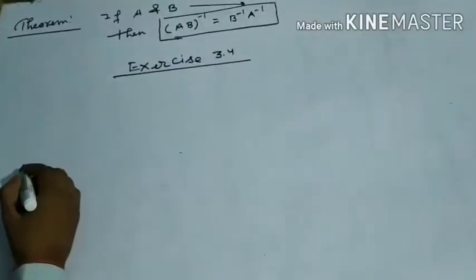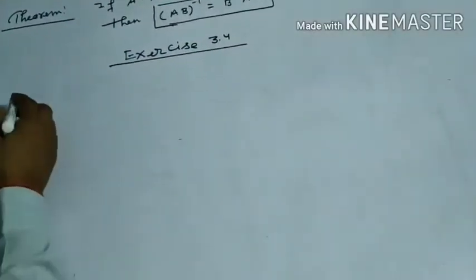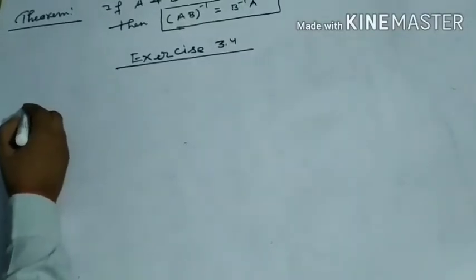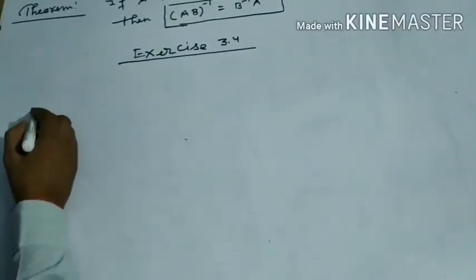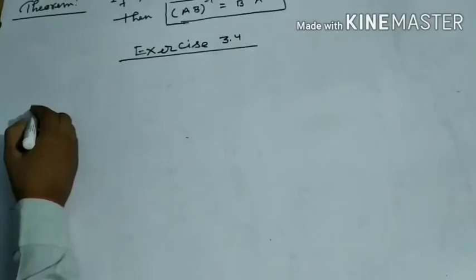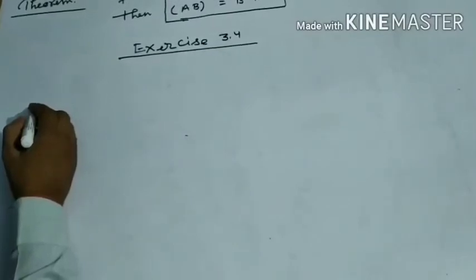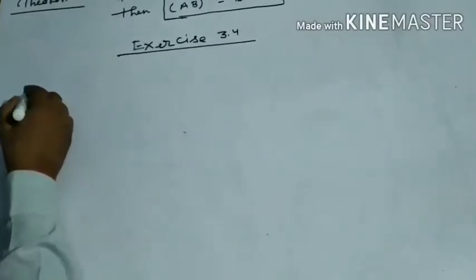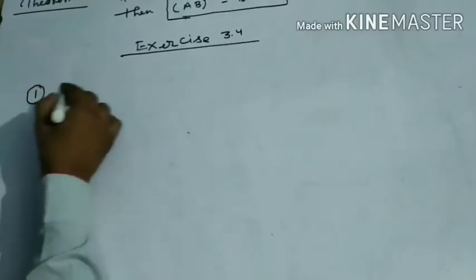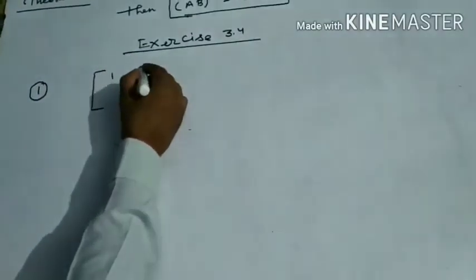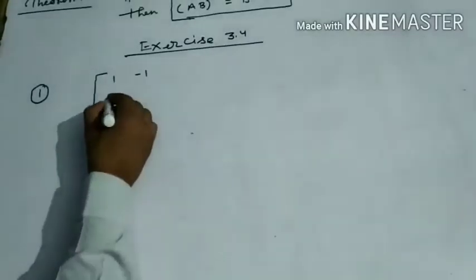In exercise 3.4, what instruction is given for the first 17 questions? Using elementary transformation, find the inverse of each of the matrices if it exists. The first problem is the matrix 1, minus 1, 2, 3.